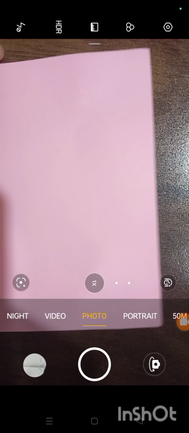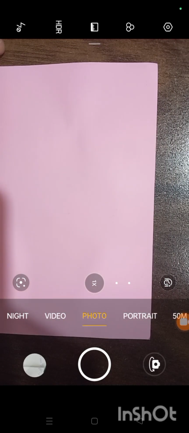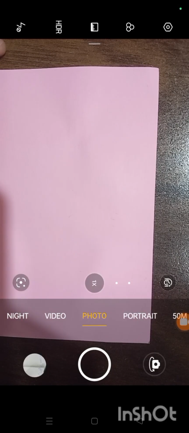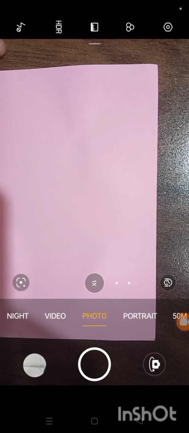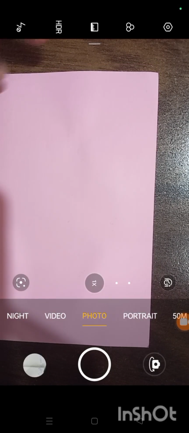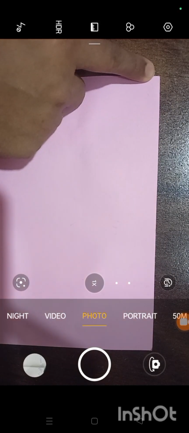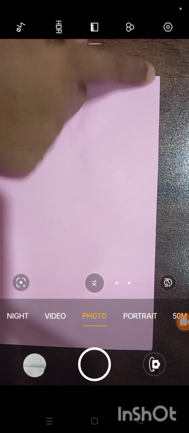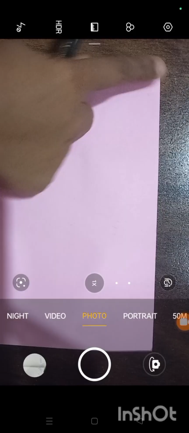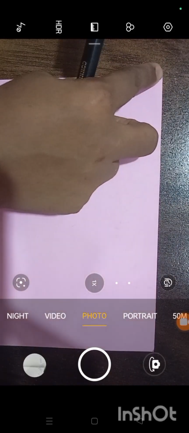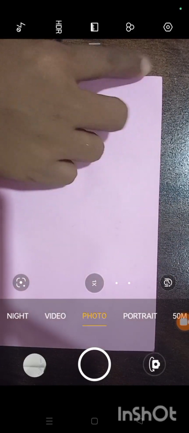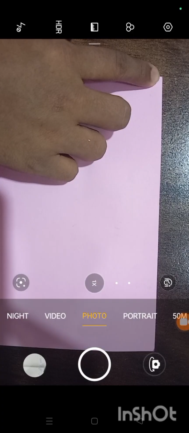Here you can see on the screen I have one page, or you can take your notebook also. You can see the corner of this page. If I take this edge and this edge of this page, it is making one corner here.